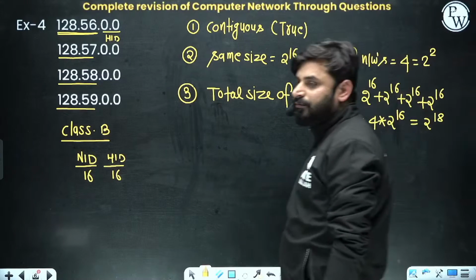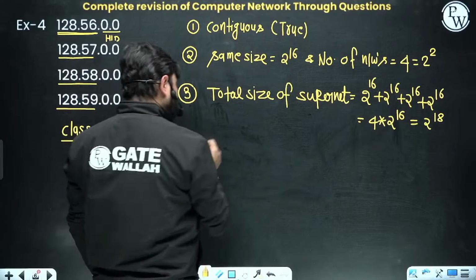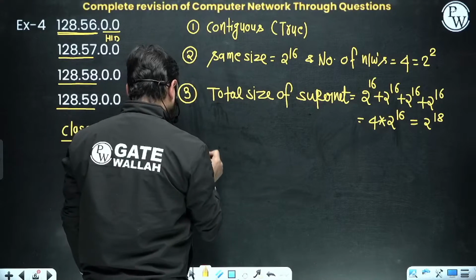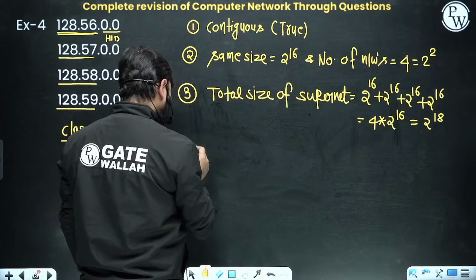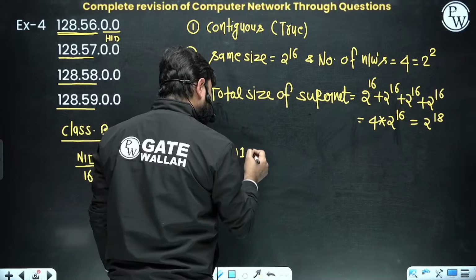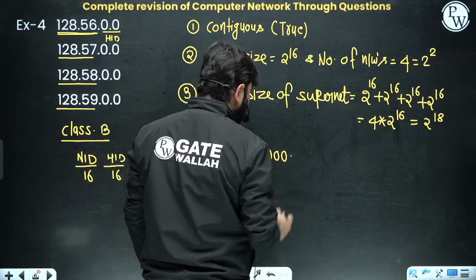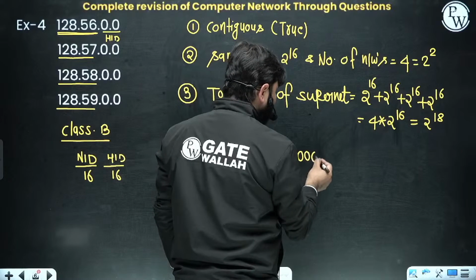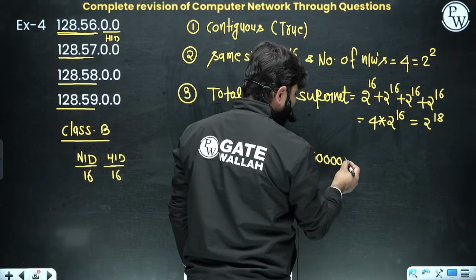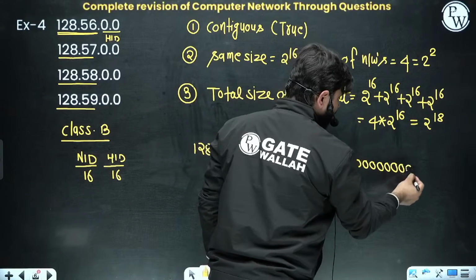Now the first network must be divisible by 2 power 18. Let me check 128.56: 128, 64, 32 plus 16, 48, plus 8, 56, then 4, 2, 1. After that, 8 bits, again 8 bits.